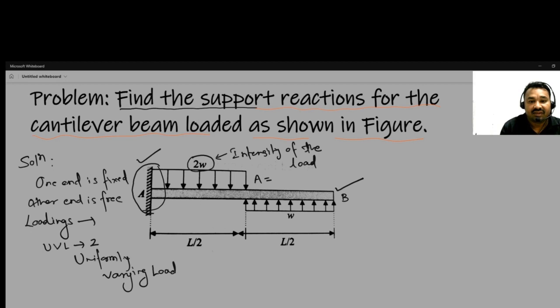The area is its length L by 2 multiplied by 2W. So WL is the area and that is the point load.